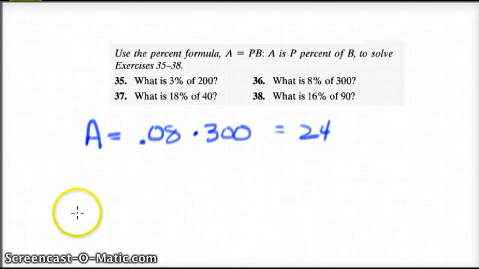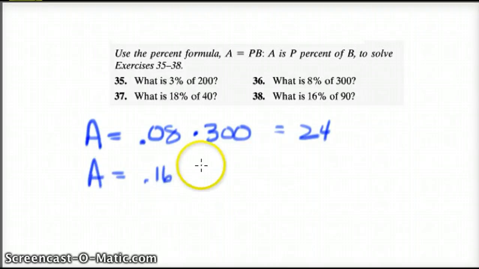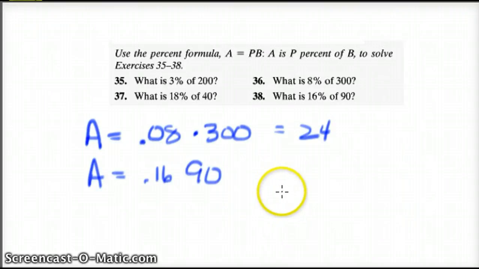All right, 38. What is 16% of 90? So here, again, we're trying to find 16% of 90. Well, let's see, half of 90 is 45, so it's going to be less than 45.